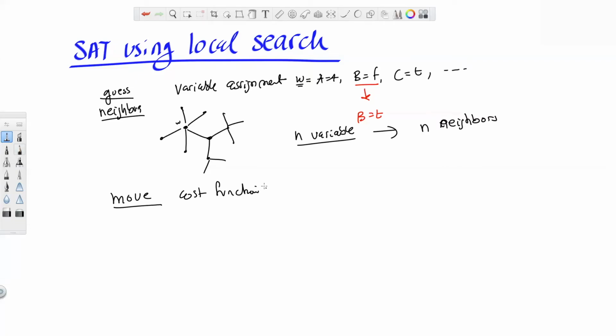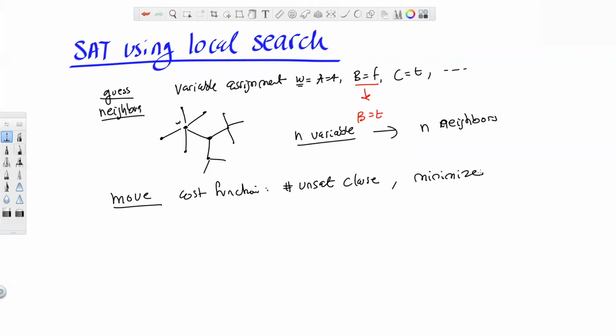In this case, you're trying to satisfy, so you look at the number of clauses that are satisfied and try to maximize that, or sometimes people look at the number of clauses that are unsatisfied and try to minimize that. In your text, that's what's happening. So this is the number of unsat clauses, and then minimize.